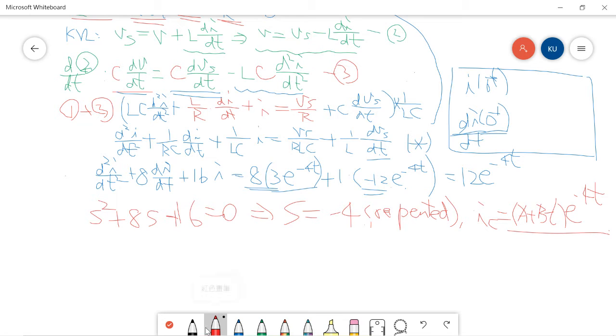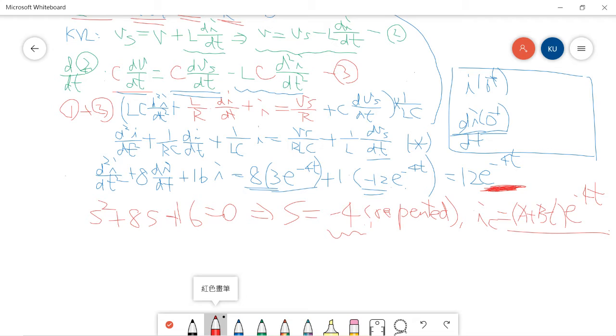And actually, we have the external force, which is exponential to minus 4t, which is also repeated with this one.